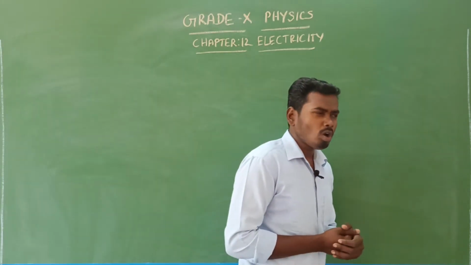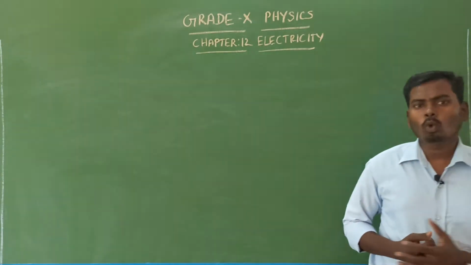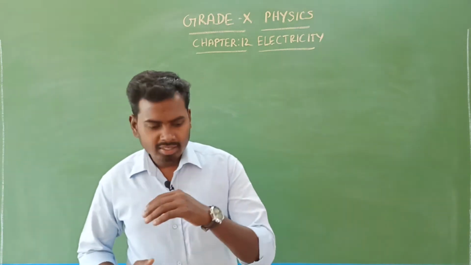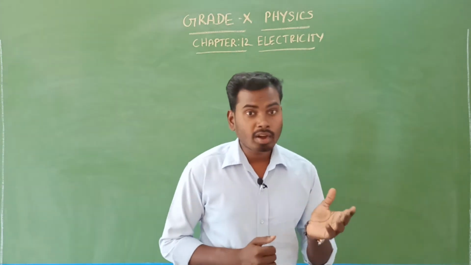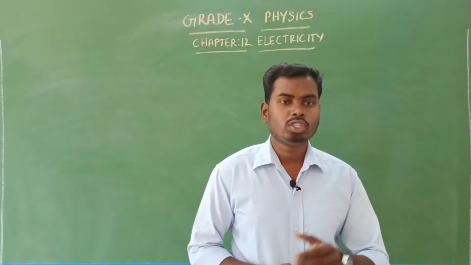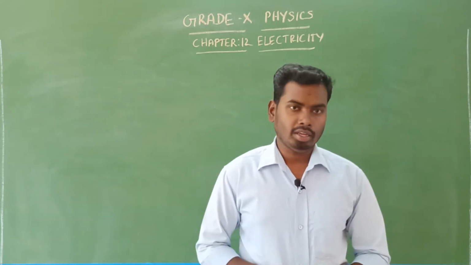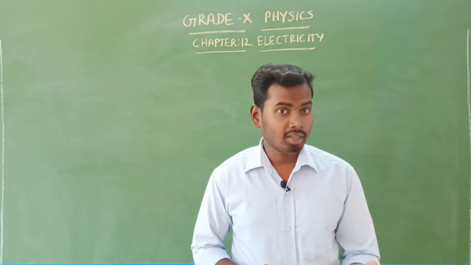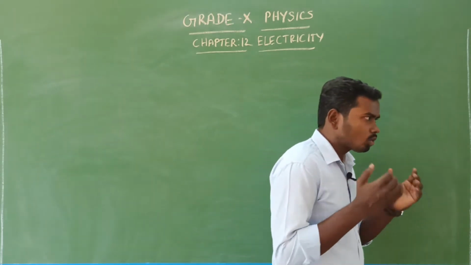Then what about the voltage? In series combination, different resistors will have different amounts of potential difference, which we generally call voltage. Then what is the total resistance?